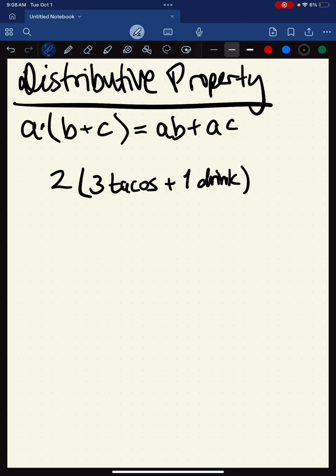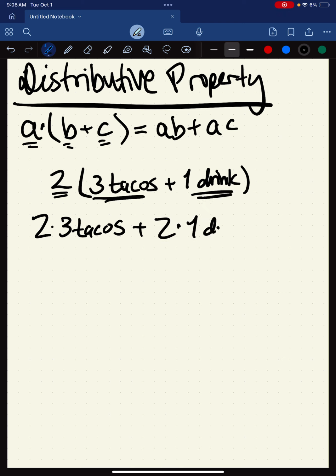And the way we do that here, you can see that a is 2, so we have 2 times b is 3 tacos plus 2 times c is going to be 1 drink. And simplifying here, we get 6 tacos and 2 drinks.